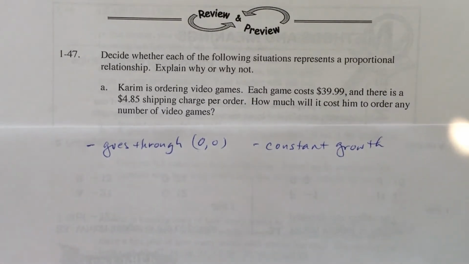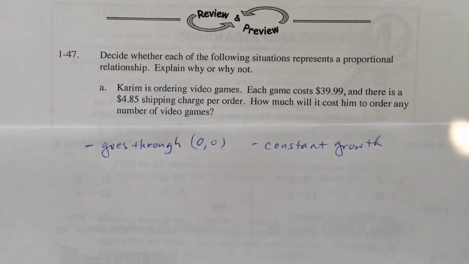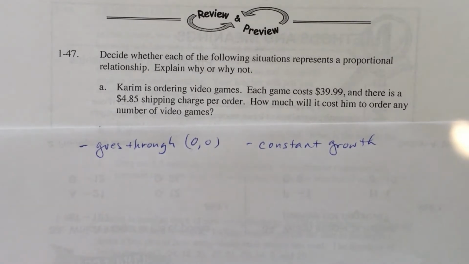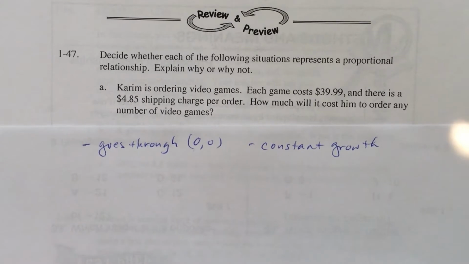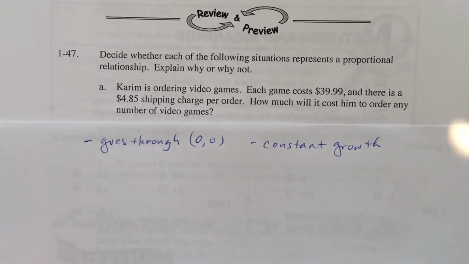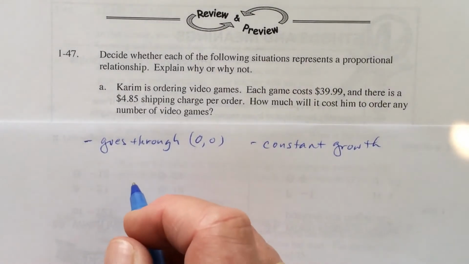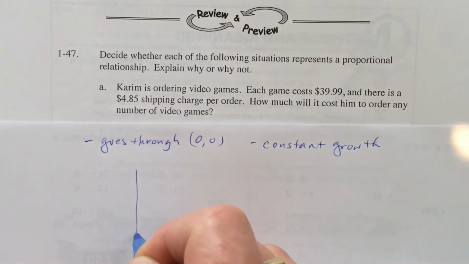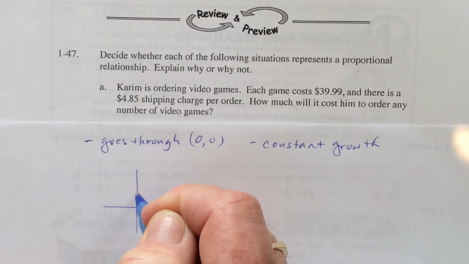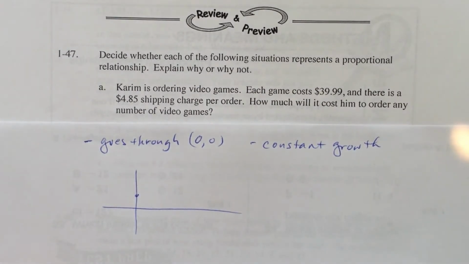Kareem is ordering video games. Each video game costs $39.99 and there's a $4.85 shipping charge per order. How much will it cost him to order any number of video games? Well, if we put this on a chart, it would cost him $4.85 no matter what, and he only pays that once.